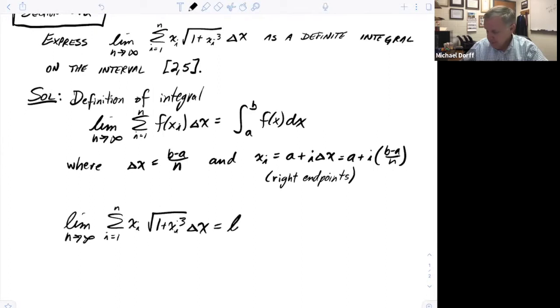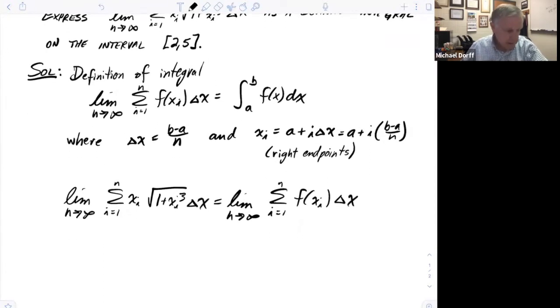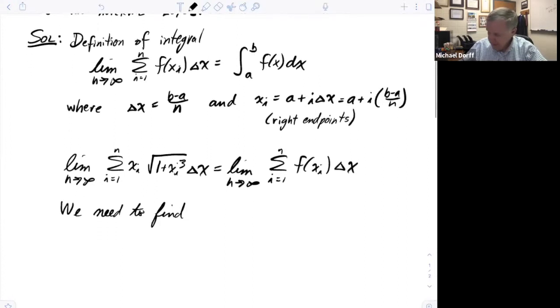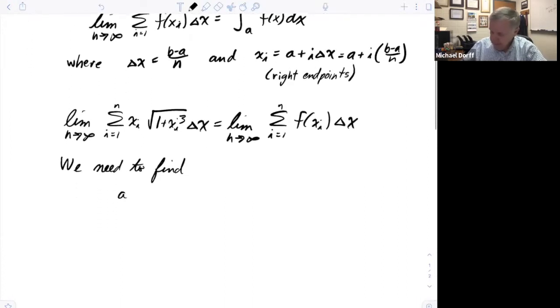And in the definition, that represents this part, the limit of the sum i equals 1 to n of f of x sub i delta x. And to solve this one, we need to find the following. We need to find a, what is b equal, and what is f of x equal.